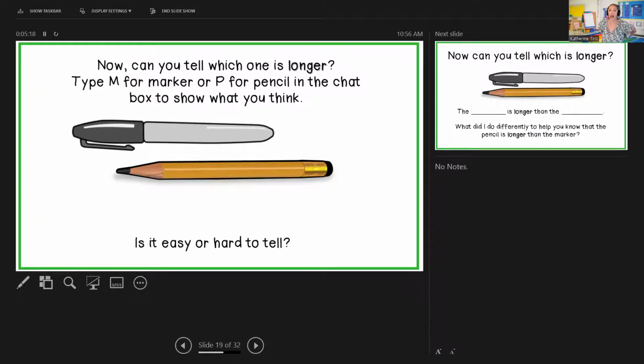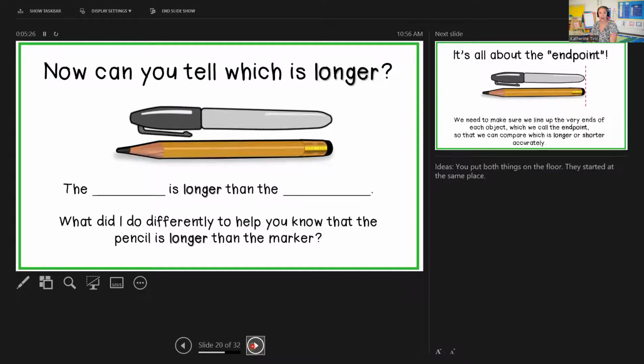All right, so most likely you said that this is pretty hard to tell which one is longer and which one is shorter, right? And that's because we really need to make sure we line things up, have them at the exact same endpoints. So now can you tell, is it the marker or the pencil? The blank is longer than the blank.